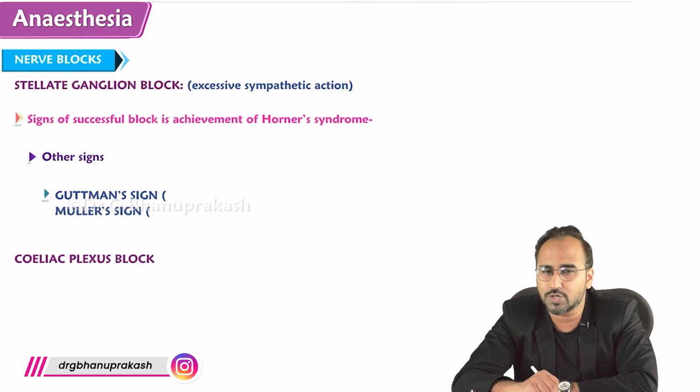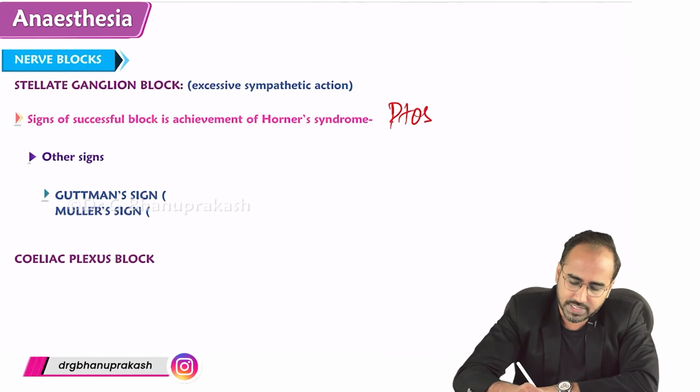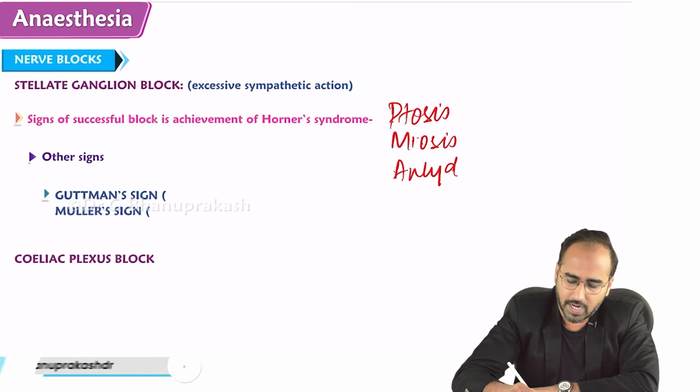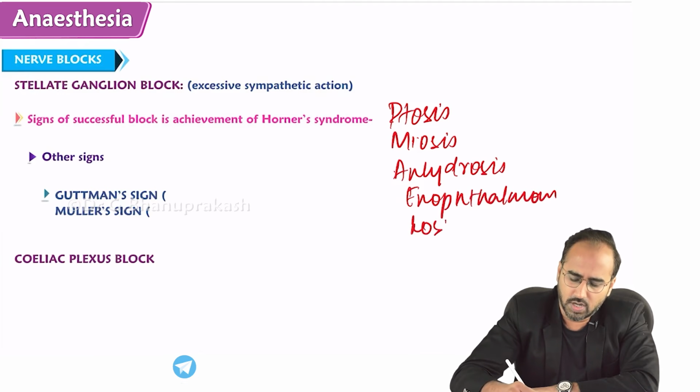You know what is Horner's syndrome? Horner's syndrome is characterized by ptosis, miosis, anhidrosis, enophthalmos, and loss of ciliospinal reflex.